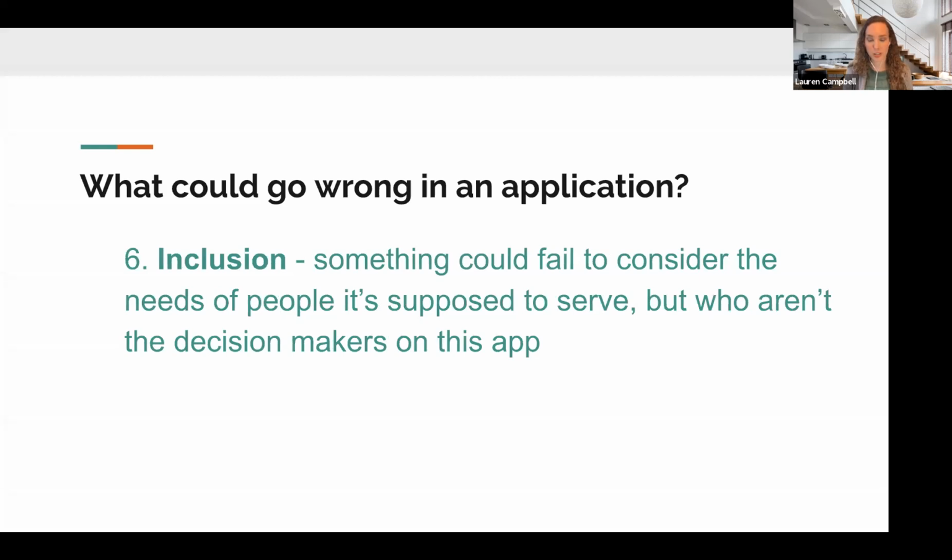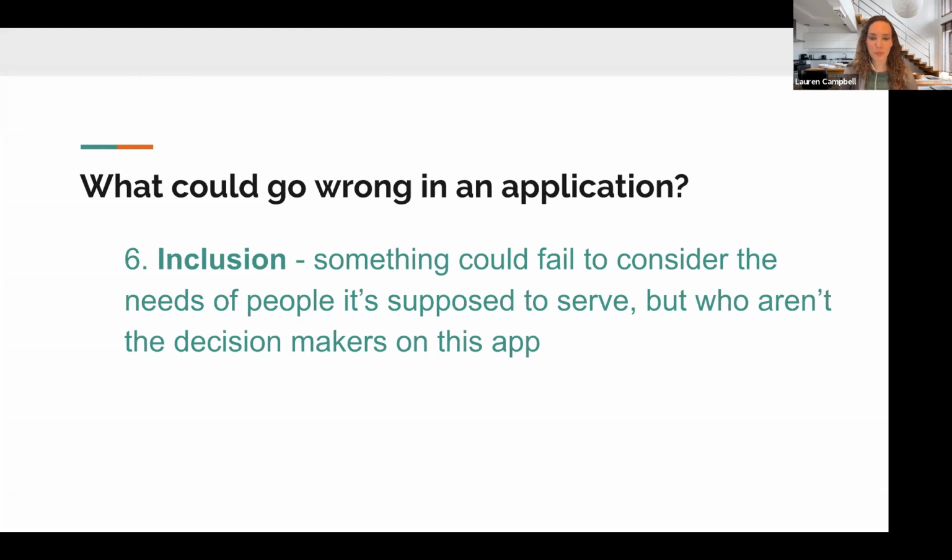This is also a little different from accessibility because this is about the people who need the application compared to probably the people who are building it and the decision makers of the application. A really good example of this is people building an app for children. The people building the app are not children themselves, probably, and they might not have kids.